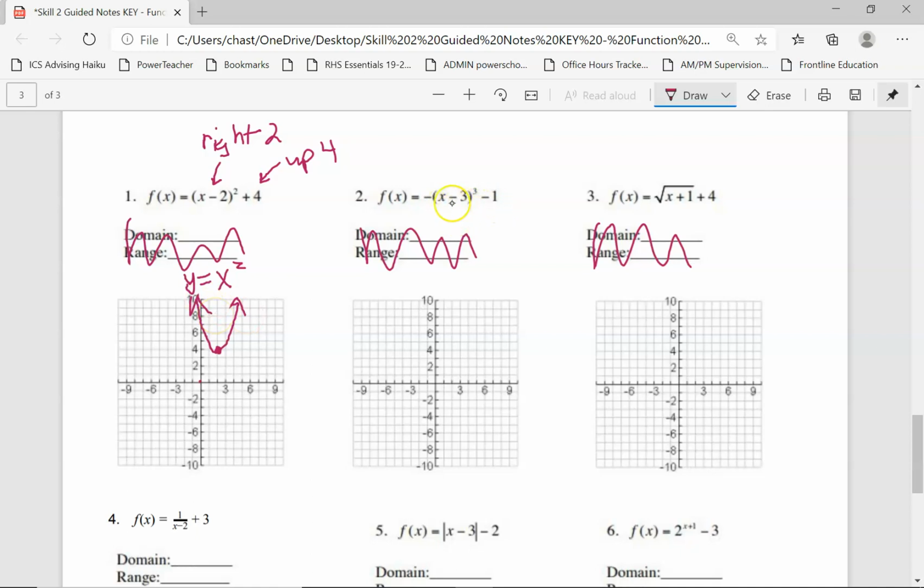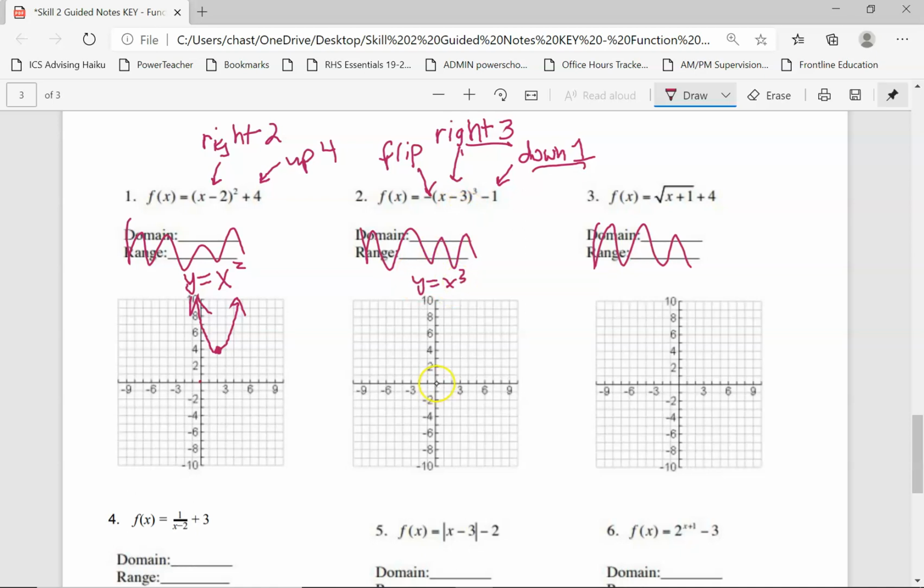This next one, I see 3 transformations. So first, we have a -3 inside the function. So remember, that's the weird one. So we're going to go right 3. The -1 at the end is going to tell us to go down 1. And the negative in the front tells us we have a flip or a reflection. So remember, we have to go right 3 and down 1 first. Now the parent function for this is y equals x cubed, so it's going to look like that snake.